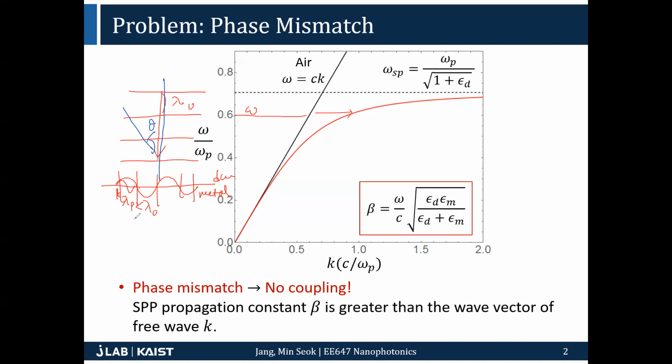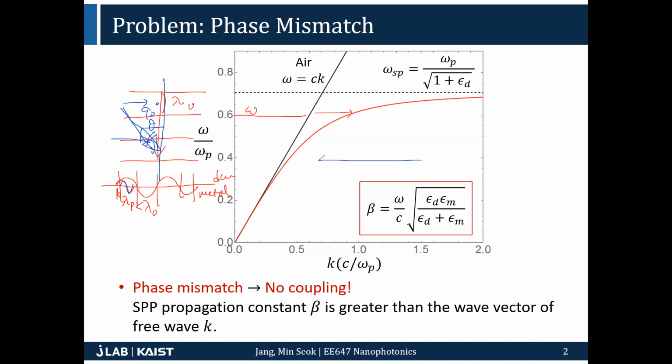Is there any way that the in-plane K vector of the free wave can be matched to the K vector of the surface plasmon? That's impossible, because let's say in an extreme case, you shine light almost at 90 degrees.